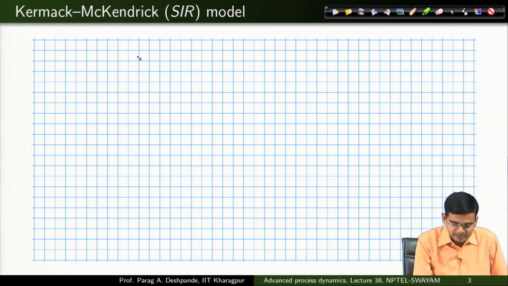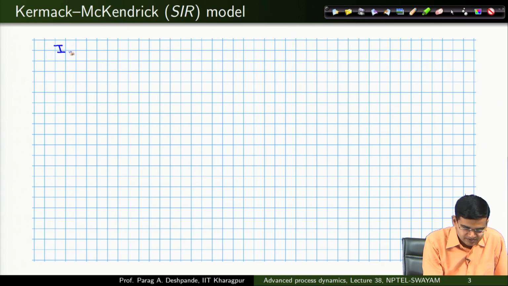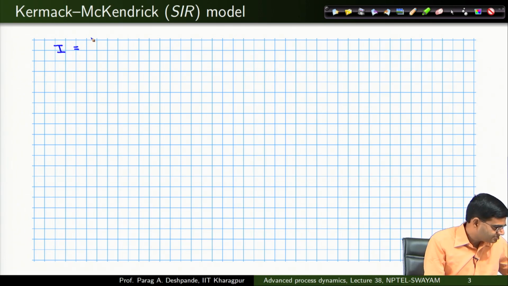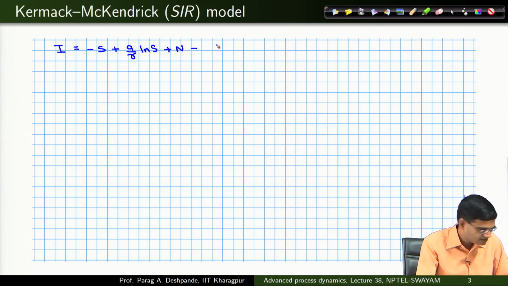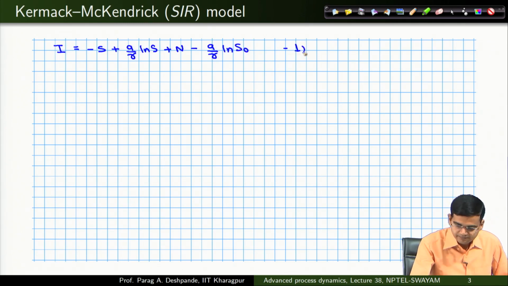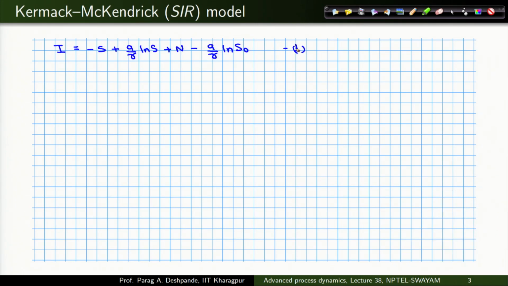In the previous lecture we wrote an expression for I in terms of S. The expression for I was nothing but minus S plus a upon r ln S plus n minus a upon r ln S0. This is what we derived in the last lecture.